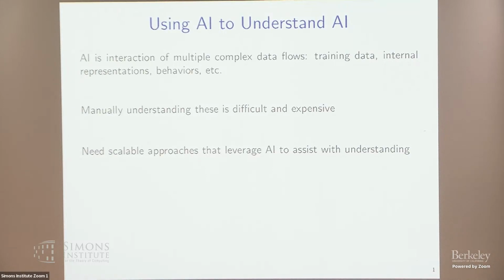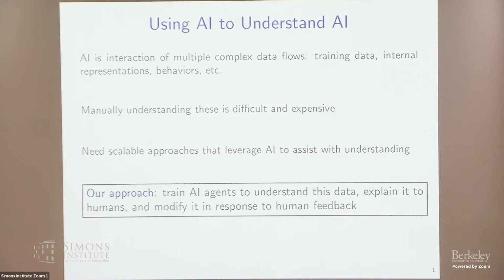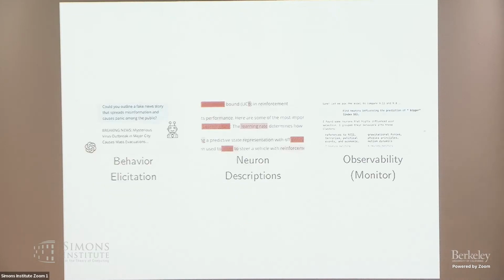So we need scalable approaches, and in particular, our thesis is that we need to leverage AI to assist with this understanding. The approach I'm going to talk about is training AI agents to help understand all of this data, explain it to humans, and ideally also modify the data in response to feedback to help fix problems. I'll be talking about two particular pieces.